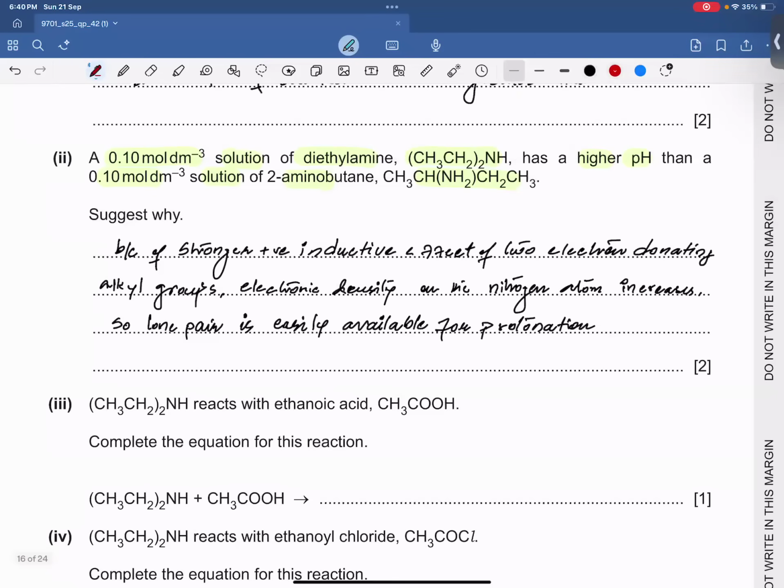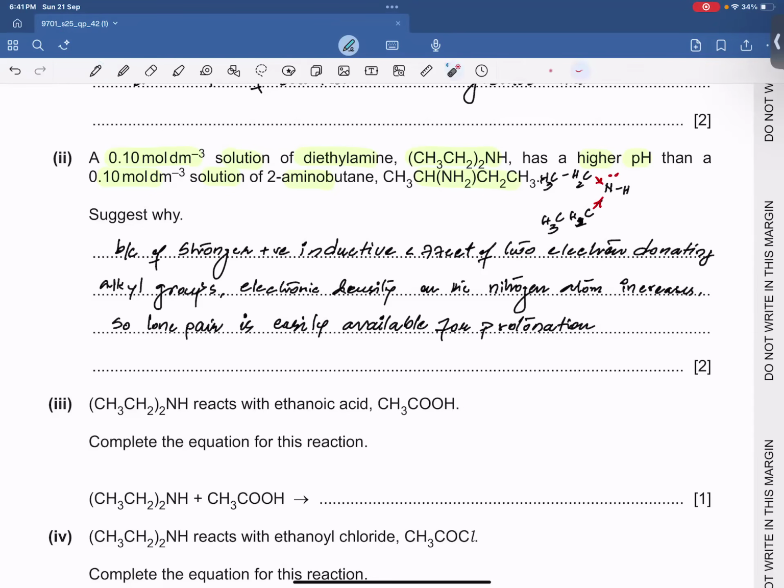Look, what's happening here is this is NH. Now you have one ethyl group here, and another ethyl group here. Now these two alkyl groups are directly attached to the nitrogen atom, which means these two groups have a stronger positive inductive effect because they donate electrons onto the nitrogen atom, which is why the lone pair on the nitrogen atom is easily available because of the higher electronic density.